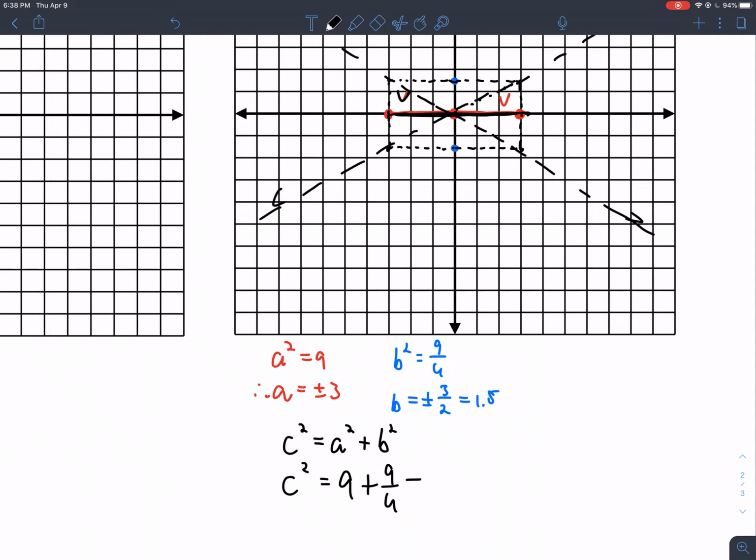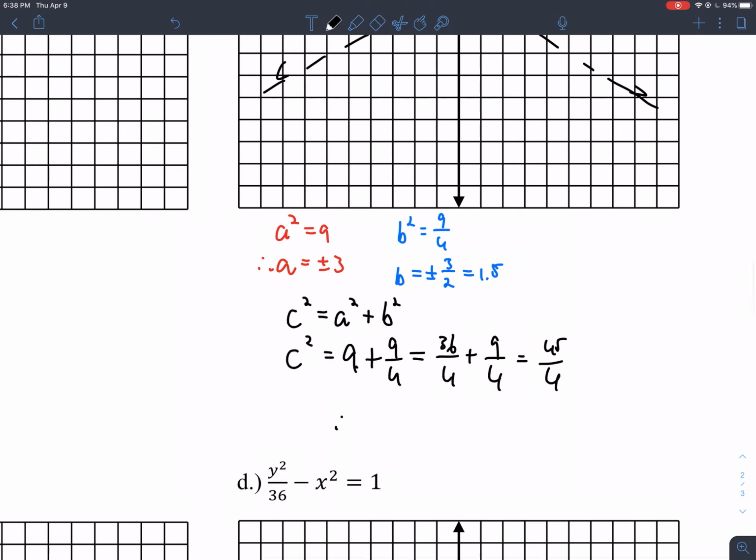If you convert this, you get 36 over 4 plus 9 over 4, you get 45 over 4. And then that means that c is plus or minus root 45 over 4.